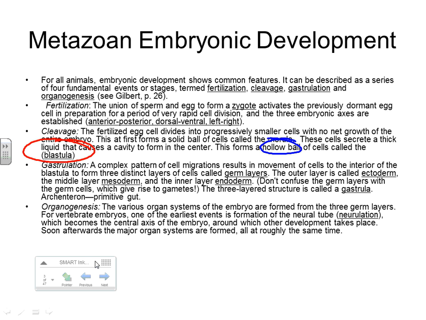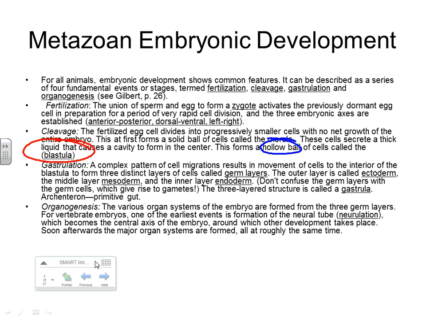But we know the cells in those germ layers are also known as what? What kind of cells? Stem cells. Cells that have the ability to be all they want to be, right? Make anything that they want to make. They haven't differentiated yet. They haven't decided what they want to be when they grow up. Their fate hasn't been determined.